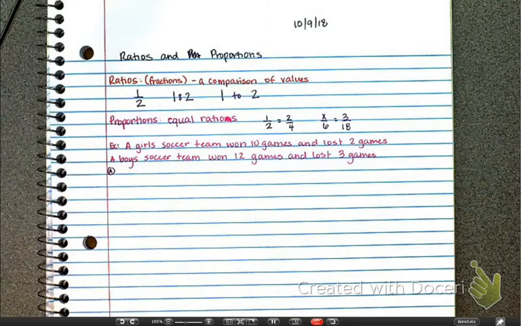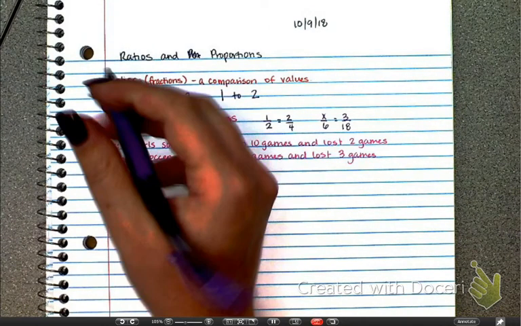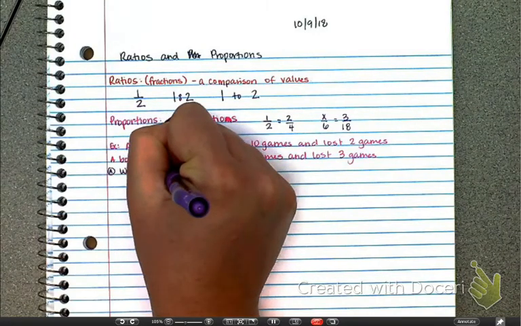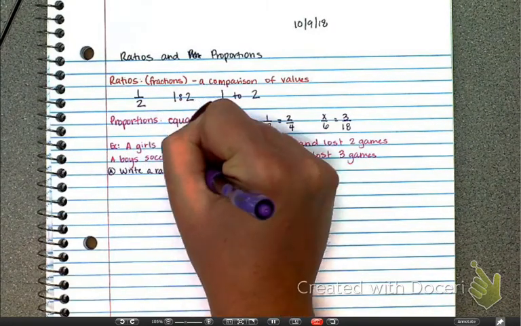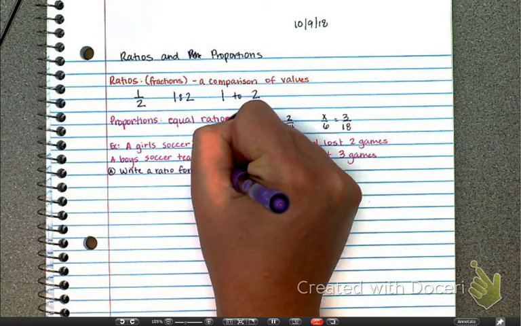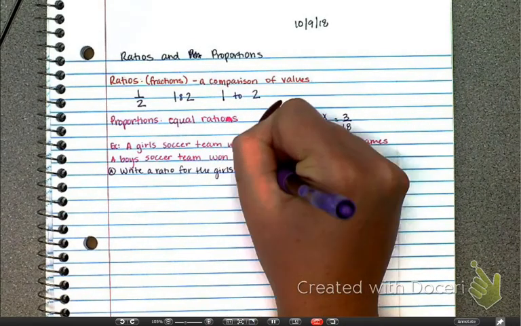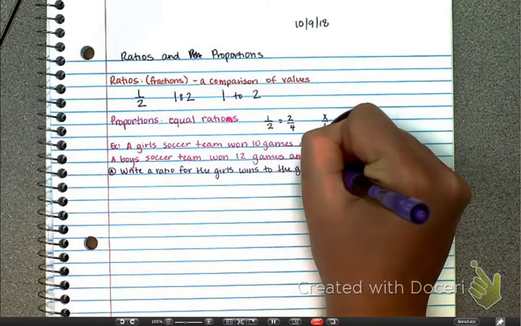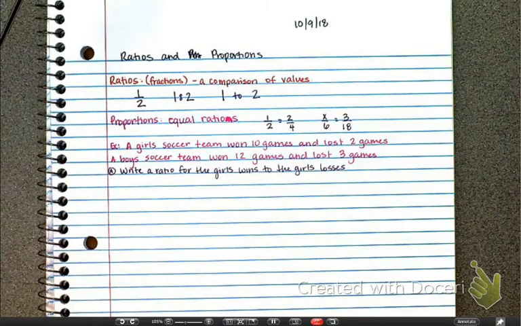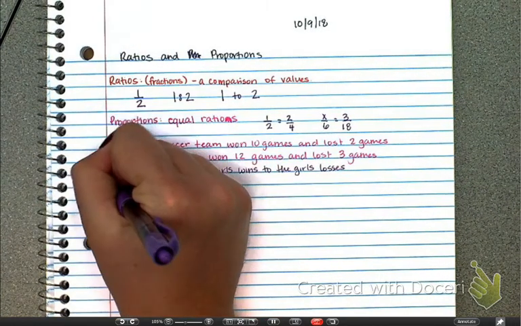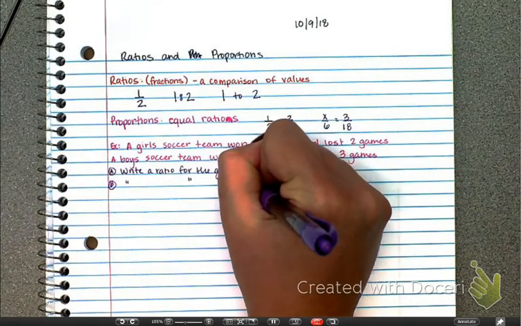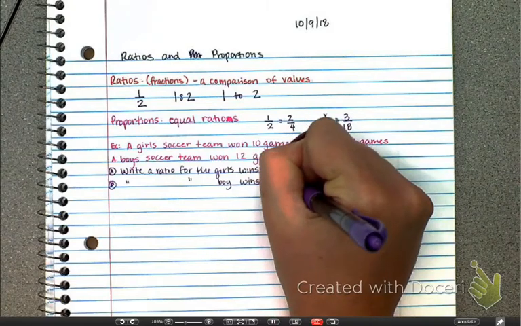So here's the information we're going to find from that. We're going to write a ratio for the girls' wins to the girls' losses. So that's part A. Part B, we're going to write a ratio for the boys' wins to the boys' losses.